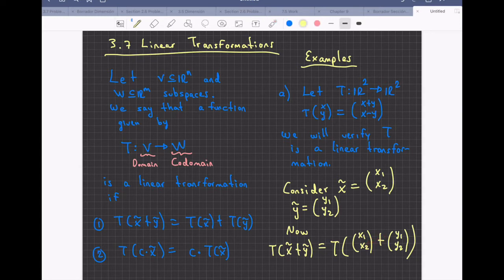So this becomes equal to T of (x1 plus y1, x2 plus y2). So the first element, the second element. Now notice, what does this transformation do? It returns two components. The first one, you add the two components, and the second one, you subtract the two components. So I have to add these two, and then in the second one, subtract these two.